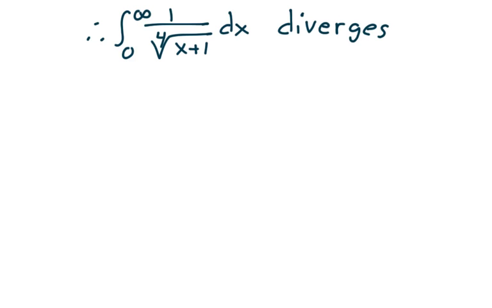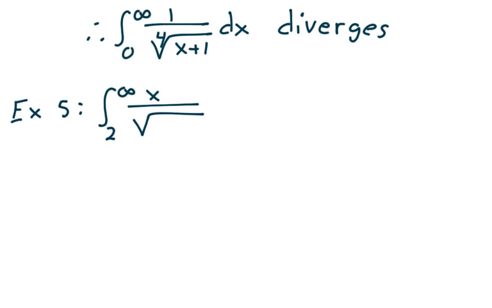Let's go ahead and do another one. Suppose I give you this one. We'll call this example 5. Suppose I had the integral from 2 to infinity of x divided by the square root of x squared minus 1 dx.